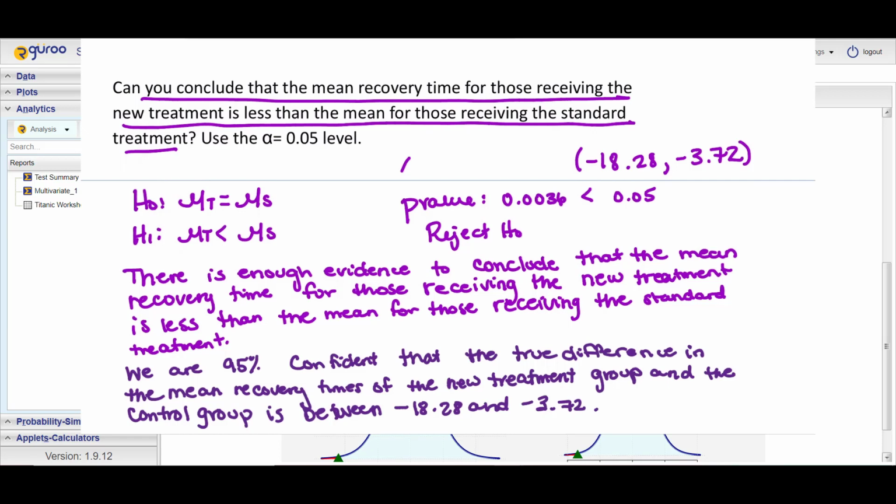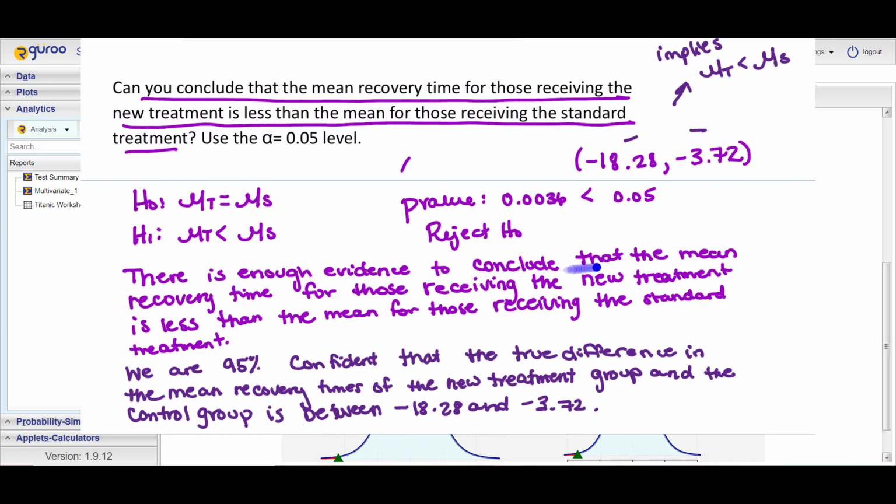All right, so again, what does that mean, that confidence interval? Well, we have two negatives, so this implies that the mean of the treatment is less than the mean of the standard. And that's what this says.